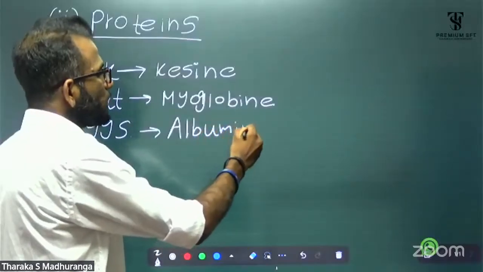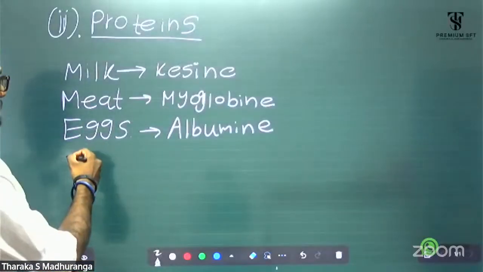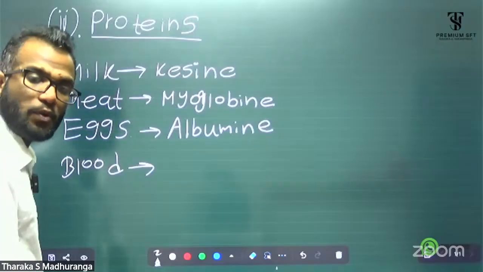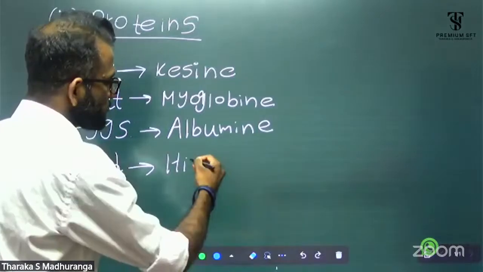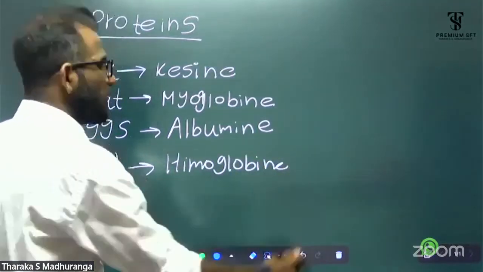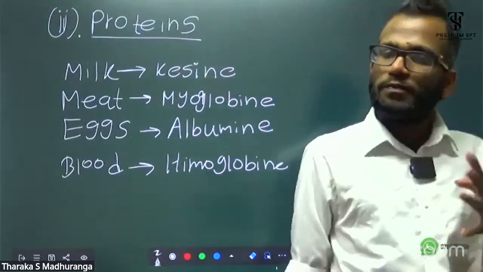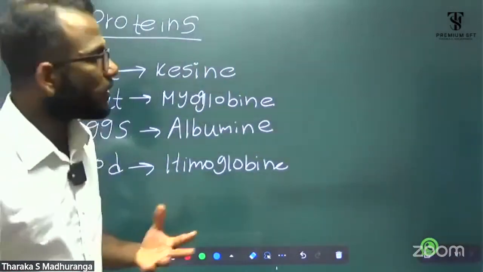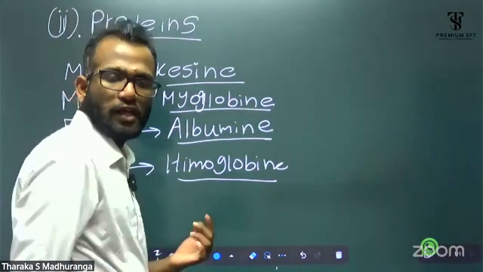Now you can understand, in our blood the protein we call hemoglobin. Different food sources have different types of proteins, with different names.